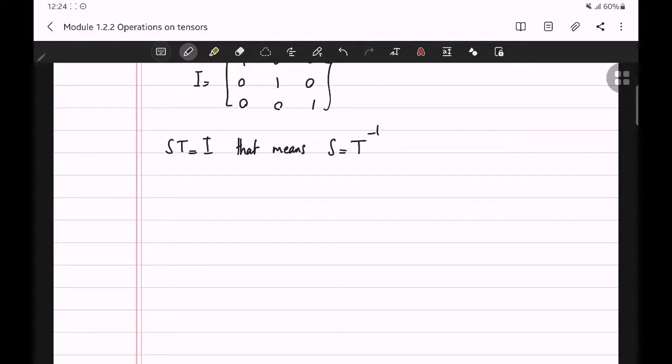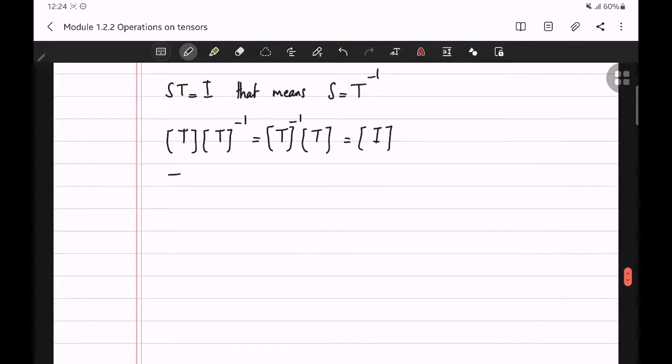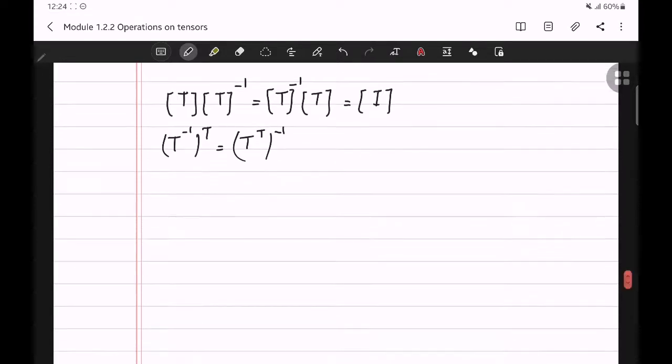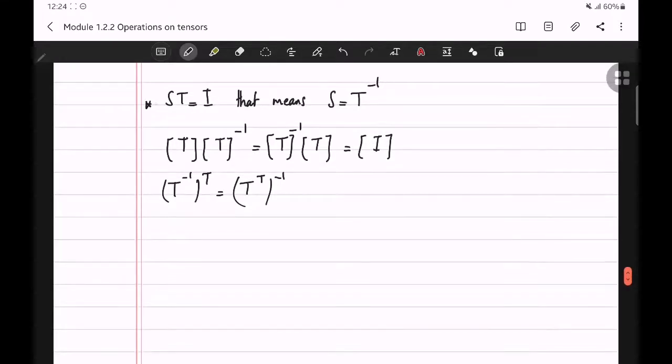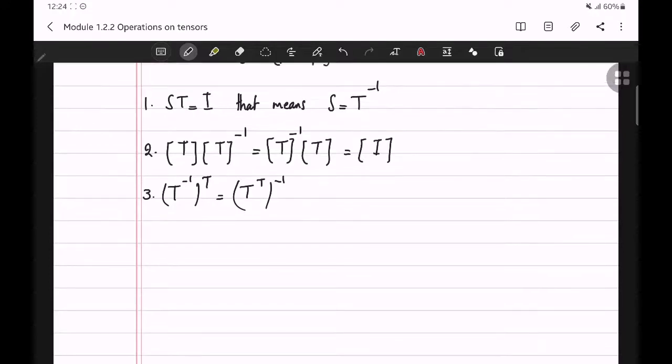In matrix form, T times T inverse is equal to T inverse times T is equal to the identity. We also have that the transpose of T inverse is equal to the inverse of T transpose, so it doesn't change anything. And we also have this property here.